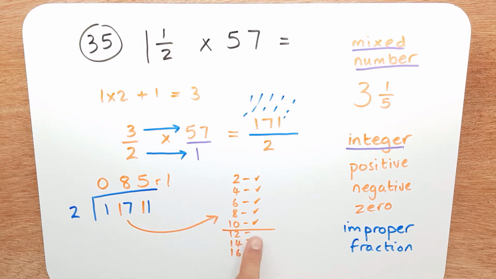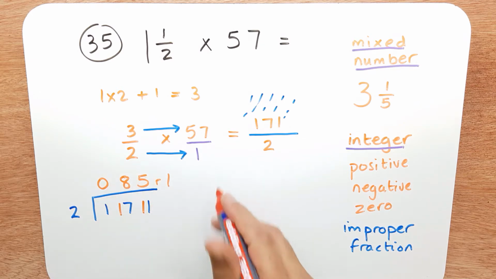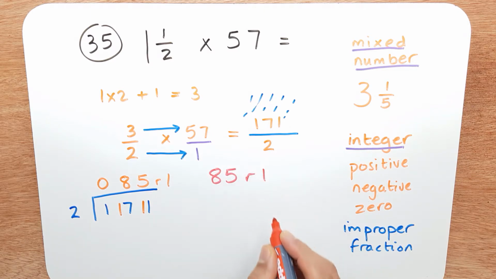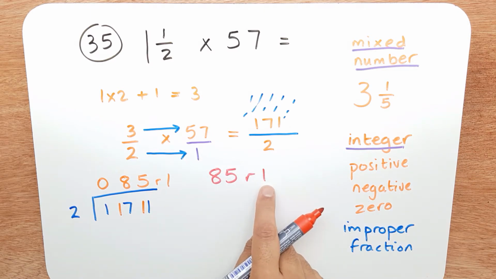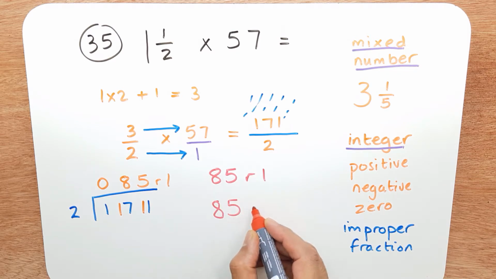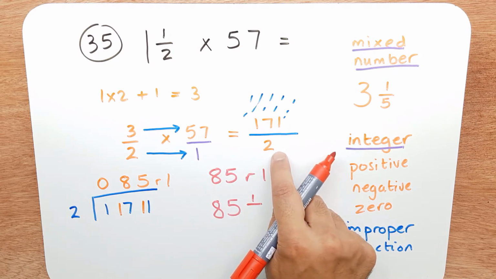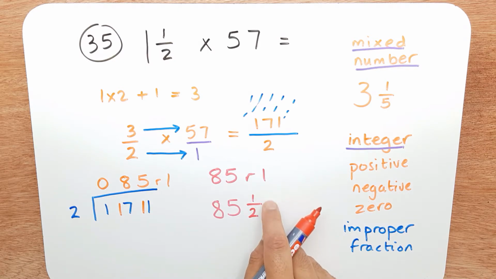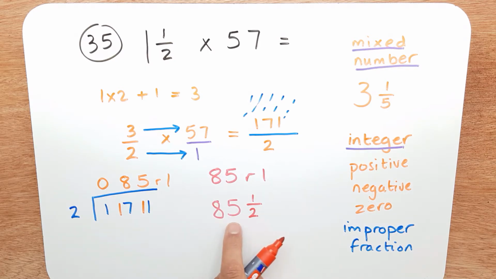Now let's rub this off to give us some room. So our answer is 85 remainder 1. But we can write this remainder as a fraction, and because we were dividing by 2, we have to put it over 2. So it'll be 1 over 2, which is a half. So our answer is 85 and a half.